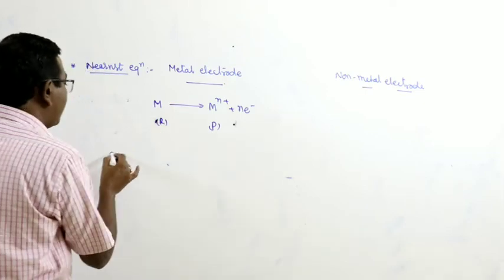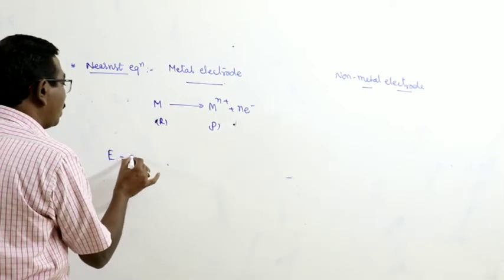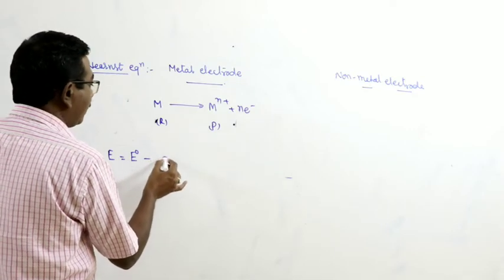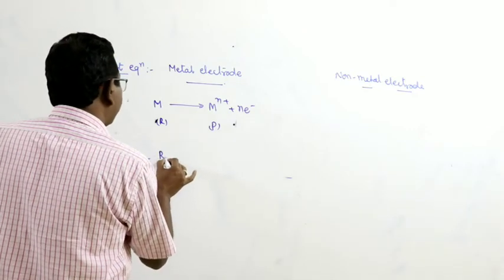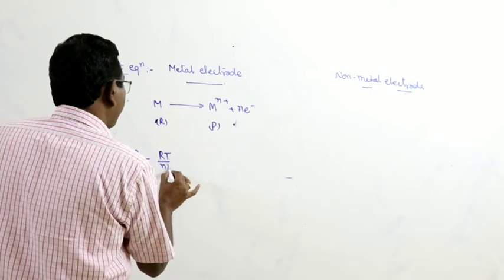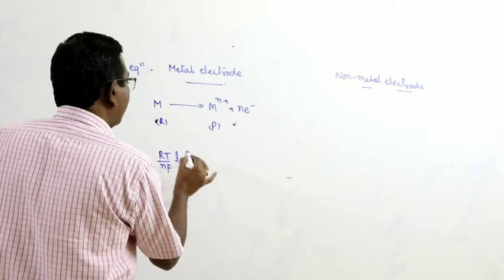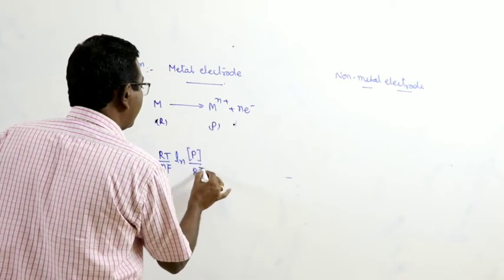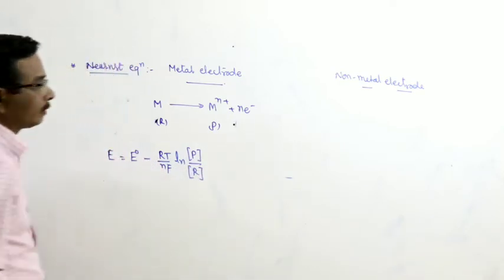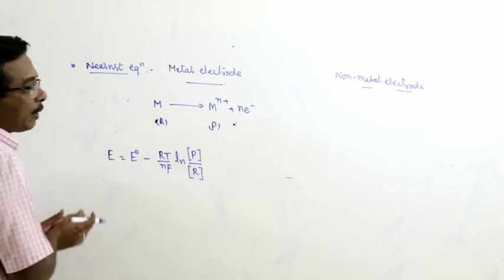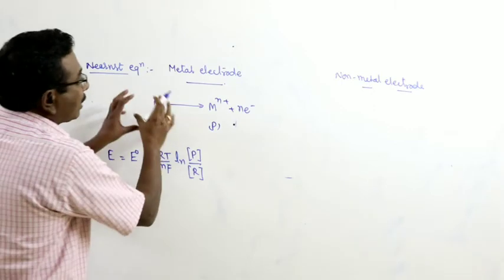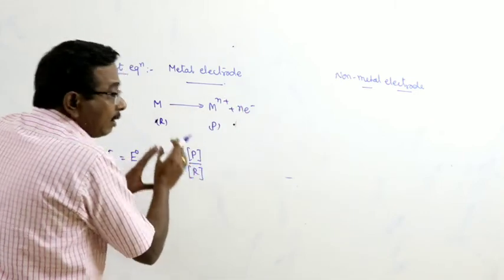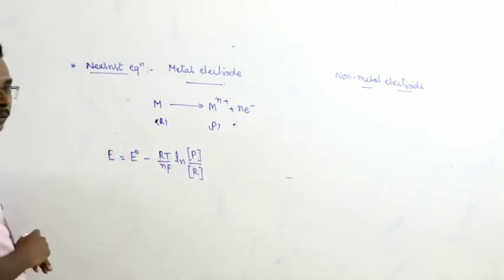According to the Nernst equation, electrode potential E is equal to E naught minus RT by nF ln concentration of the product by concentration of the reactant. Now we have to substitute the concentrations or values of the given species in the equation.